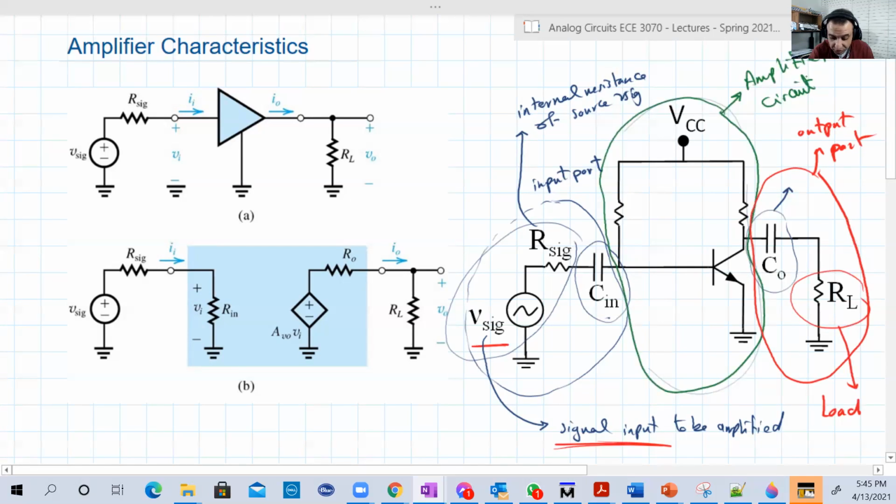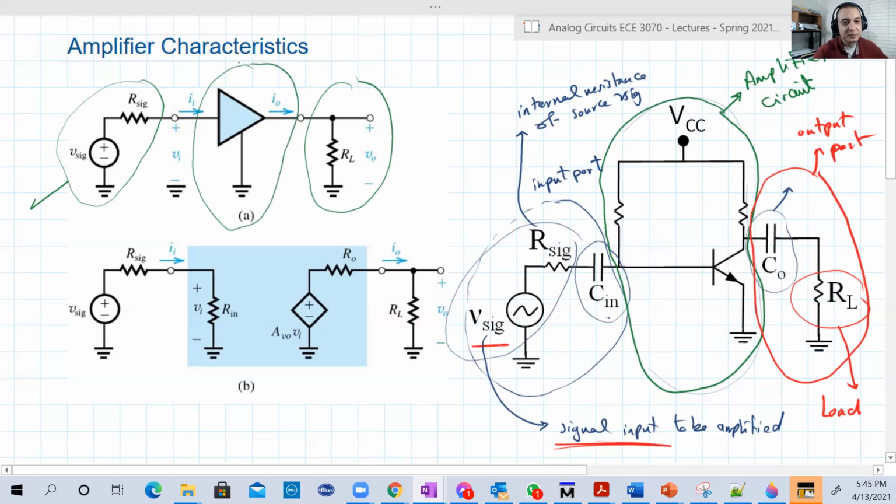Now we can abstract such a circuit, or any amplifier circuit, into this configuration here: an input part, an output part with the load, and the amplifier itself.